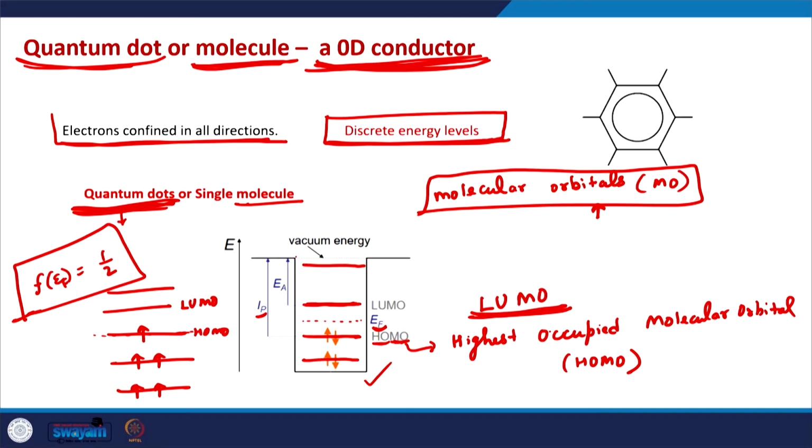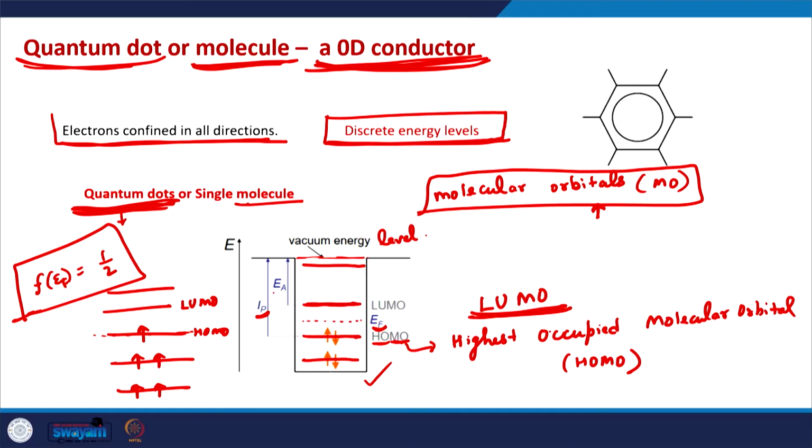And the free space energy of the electron is defined by the vacuum energy level. This is the level at which the electron becomes totally free from the system. So, the difference between the vacuum energy level and the HOMO energy is known as the ionization potential, and this is the energy that is required to take one electron out of the system or to ionize the quantum dot or the molecule.